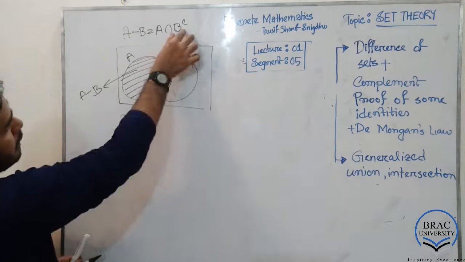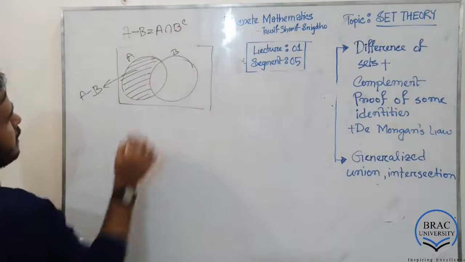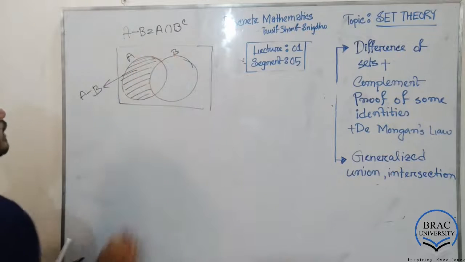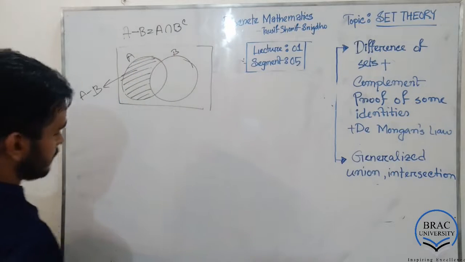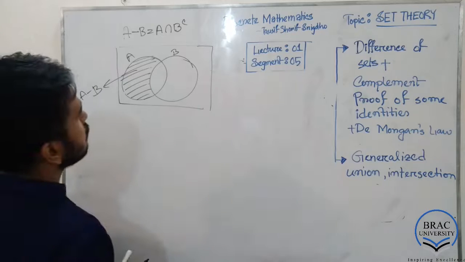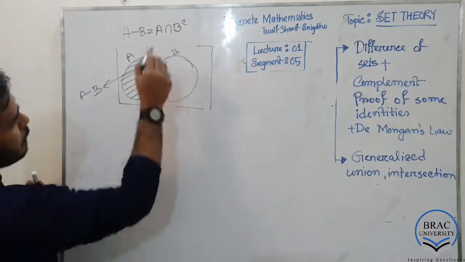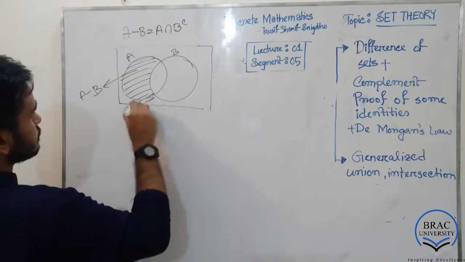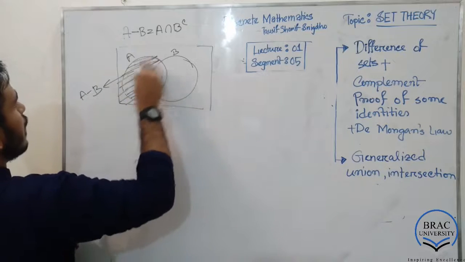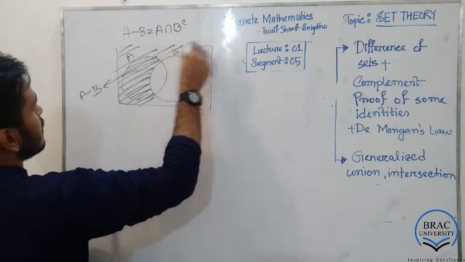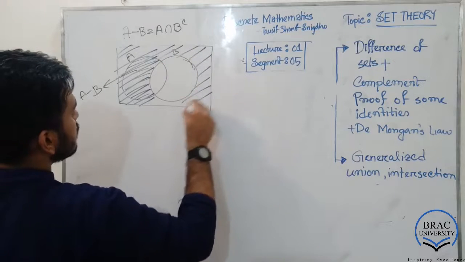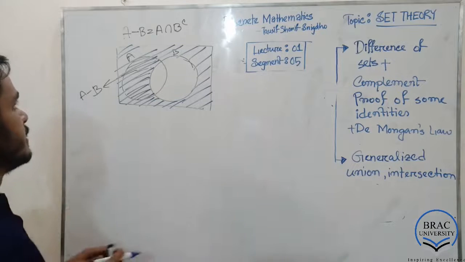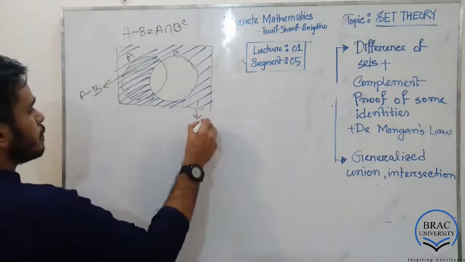This is called B prime, and I'll address it as B prime. So from the definition of complement set, B prime or complement of B will be the region outside circle B. So this blue shaded region is representing set B prime.